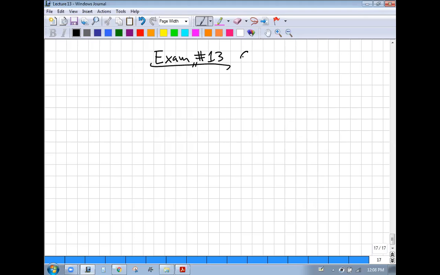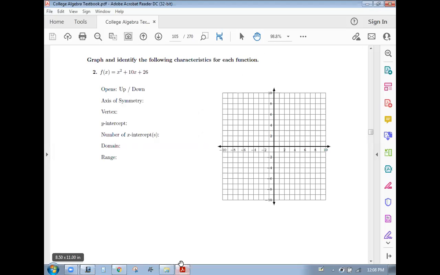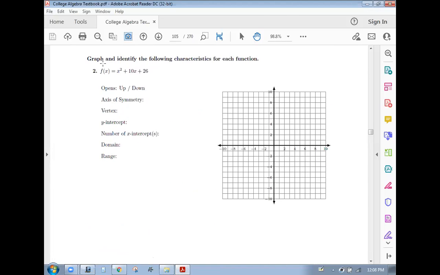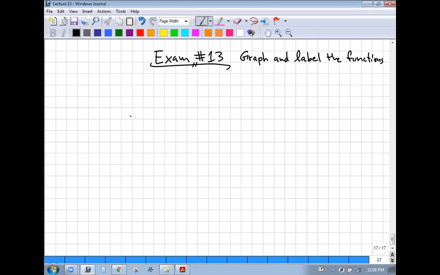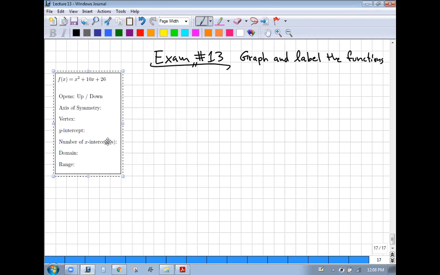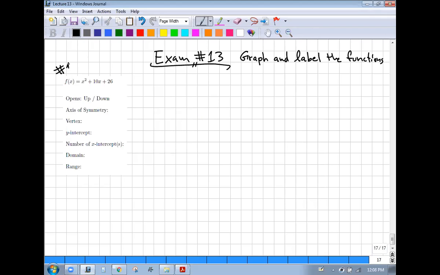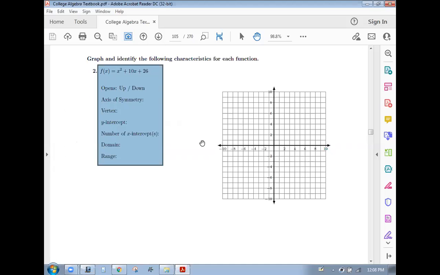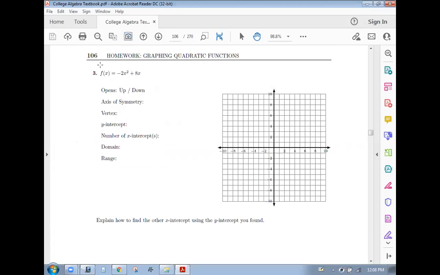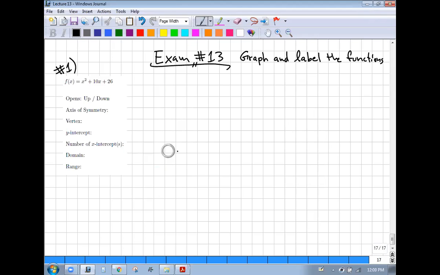All right, so we want to graph and label the functions. Let's pick out number 2 here. Here's number one, and here's number two.